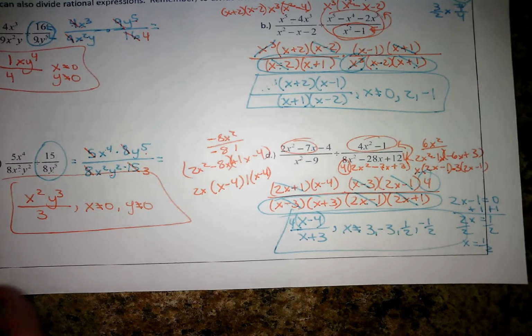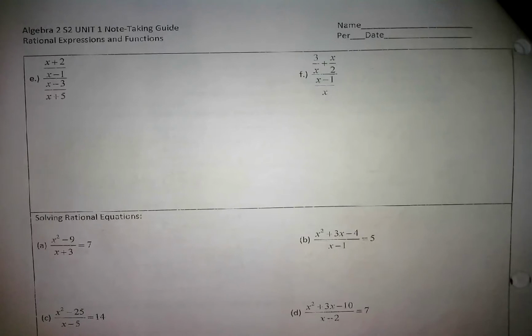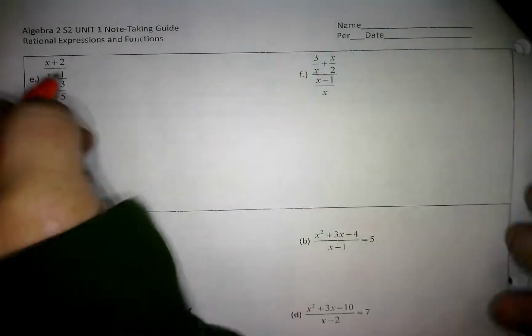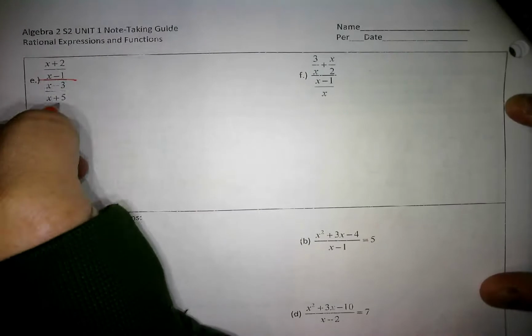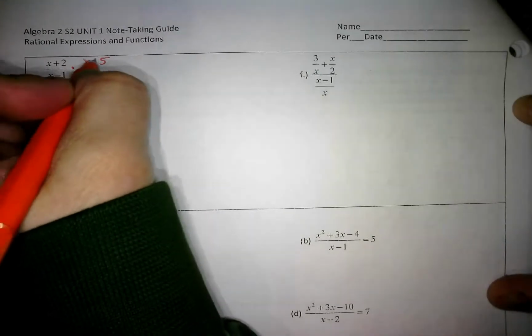Okay, so let's go on ahead and let's go to these complex fractions. Complex fractions are the same exact thing as division. So it's a fraction divided by a fraction. So really what I'm going to do is multiply by the reciprocal.